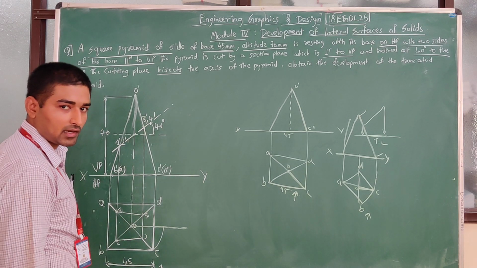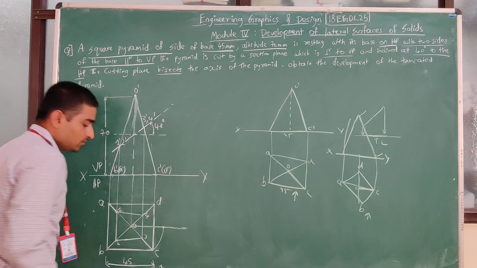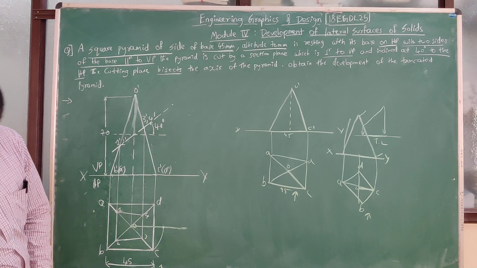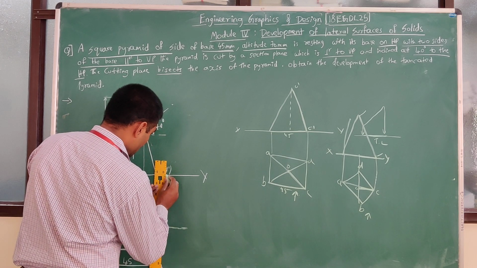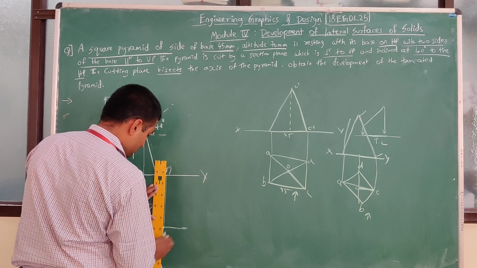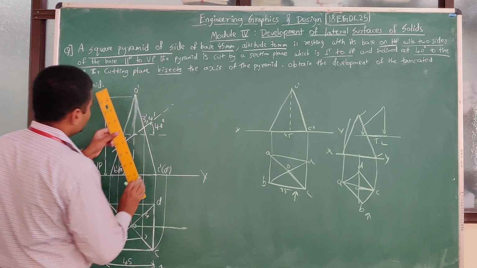Once you draw the arc, I am going to get a point here. Now this point you are going to project on the XY line, right? And then this point you are going to connect to the O point.